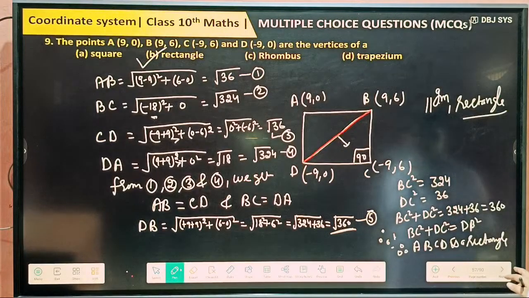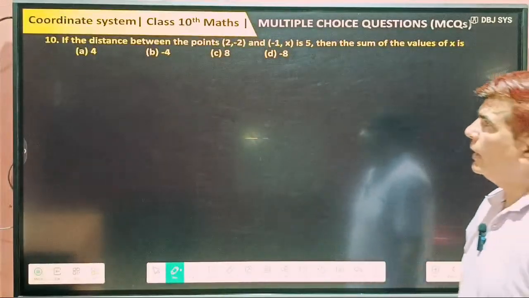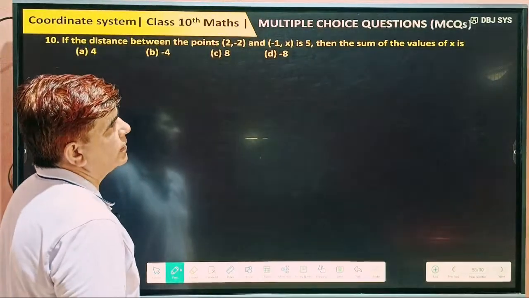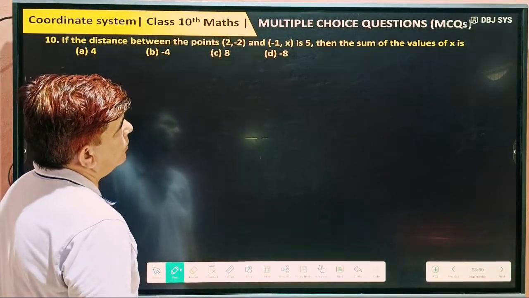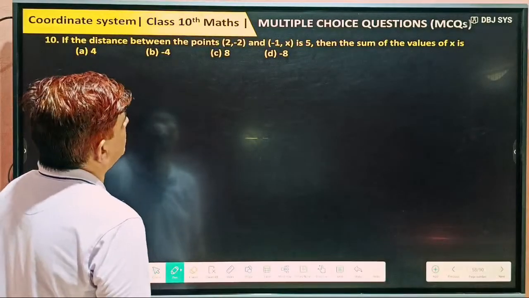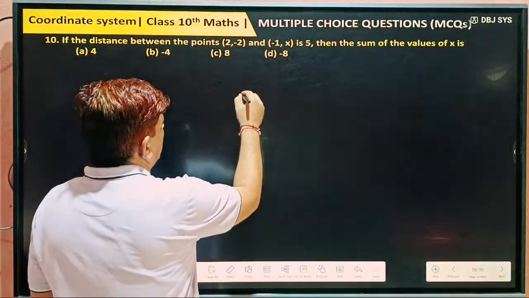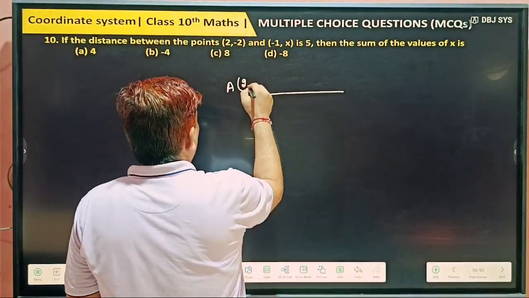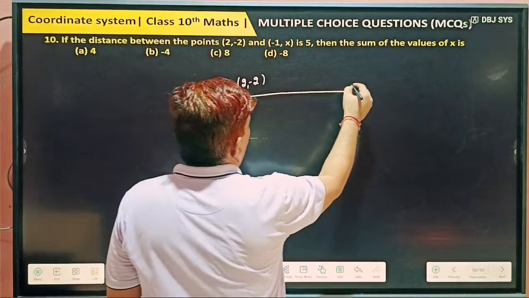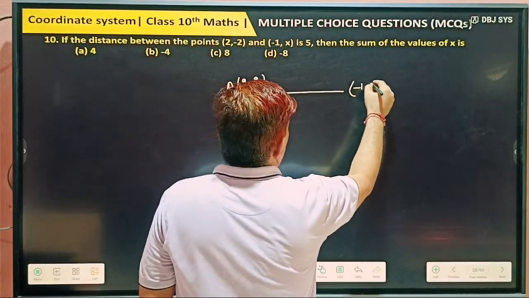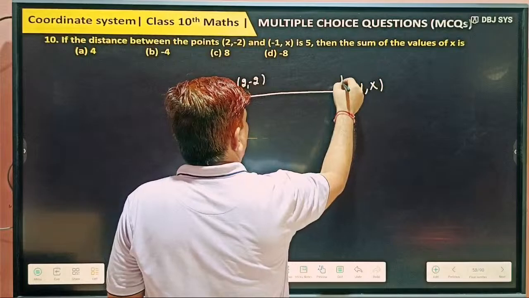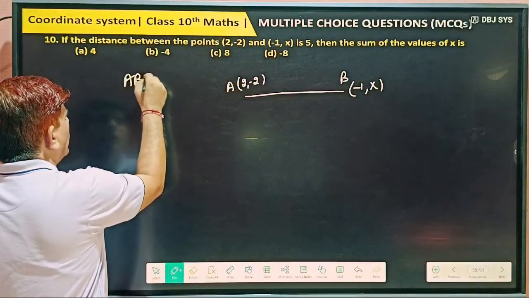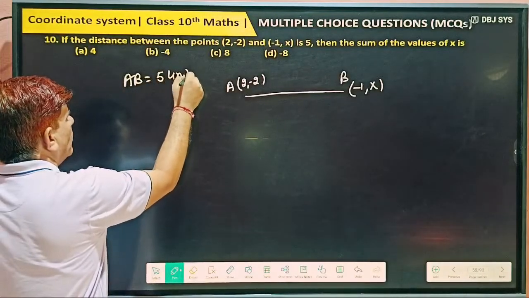Next, question 10. If the distance between this point and this point is 5 units, then the sum of the values of x is. So this is given. We have taken A as a point whose coordinates are 2 and -2, and the other point, with coordinates -1 and x, we have taken, its name is B, and AB is equal to 5 units.